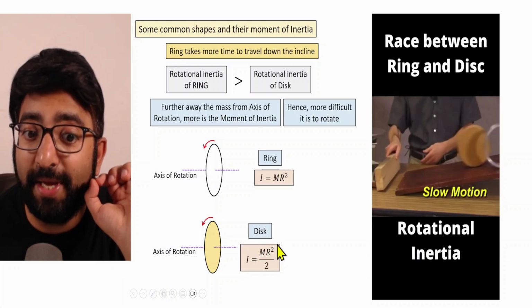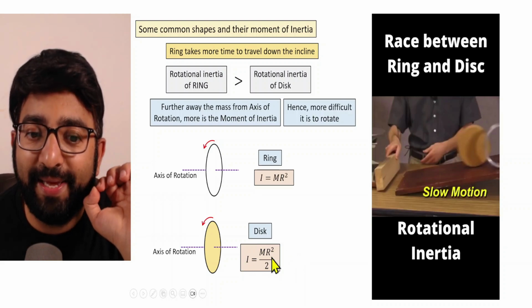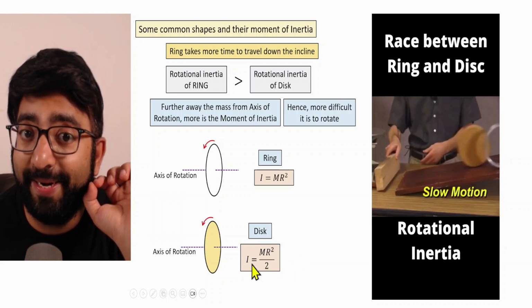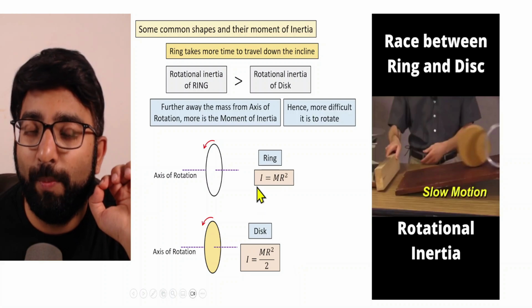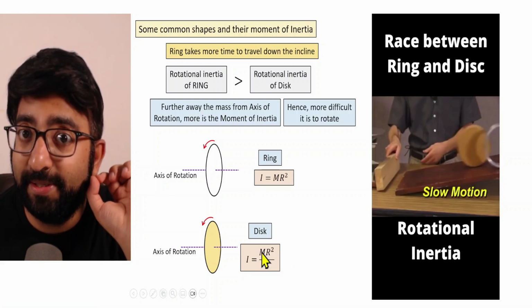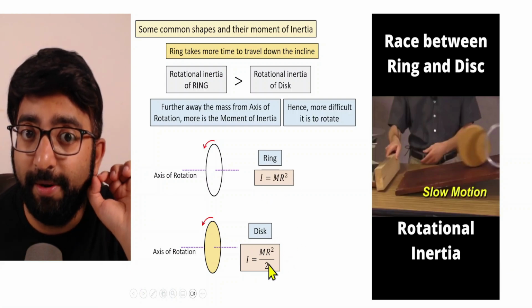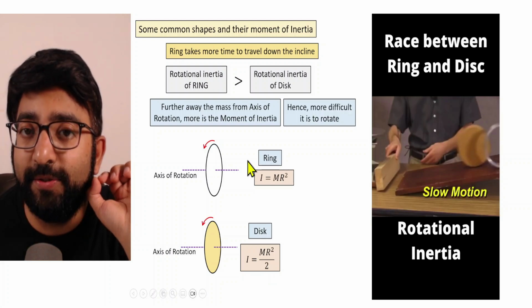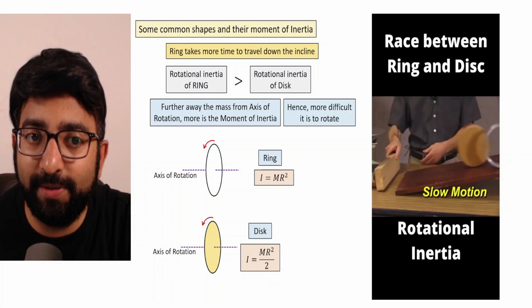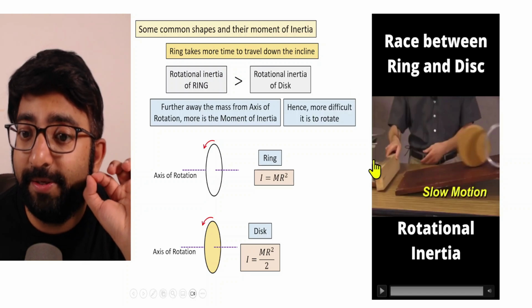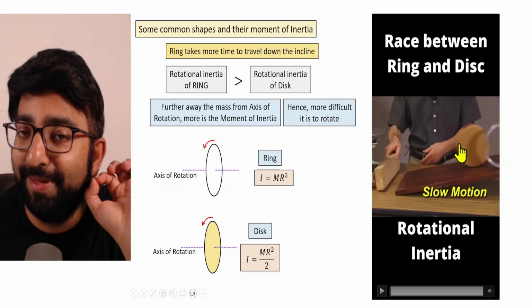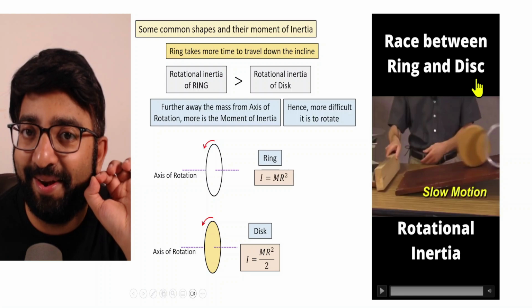So moment of inertia is MR square by 2. Hence, we can deduce that the moment of inertia for a disk is actually half the moment of inertia for the ring. Since the disk is having a smaller moment of inertia, it is having least resistance to rotation. It can rotate faster, and that is why the disk reaches the ground first. So basically, the disk is winning the race between ring and disk.